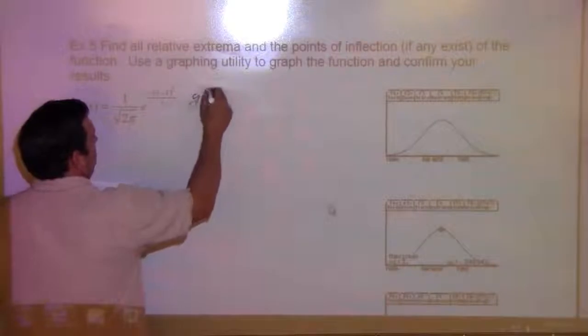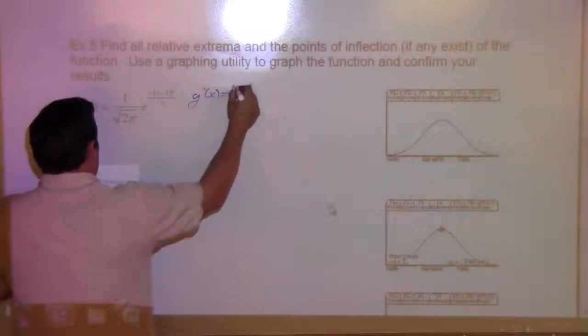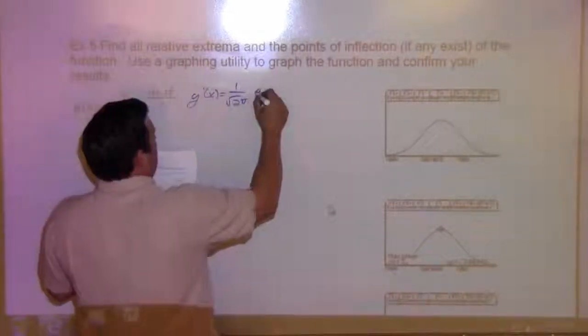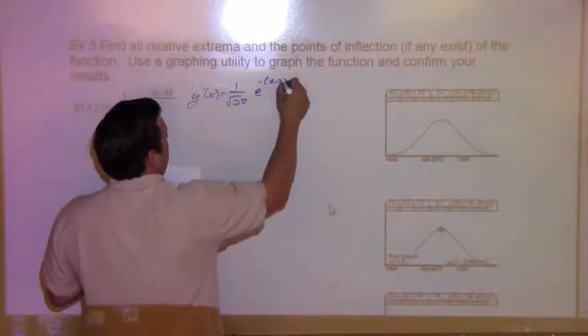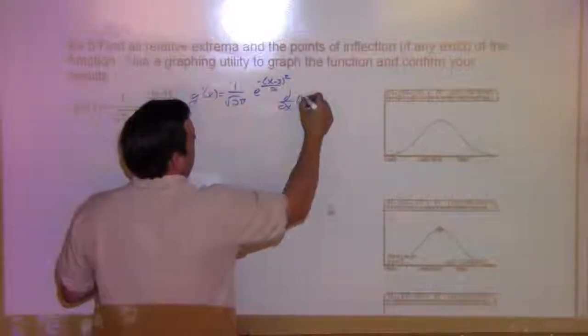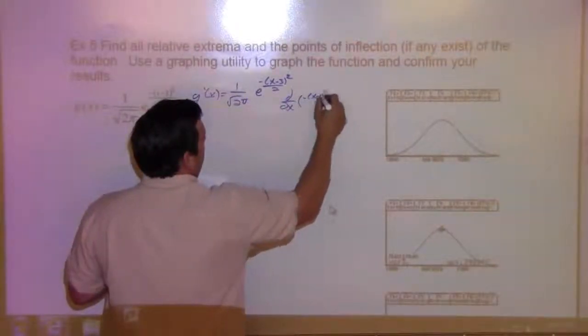So our g prime of x is 1 over the square root of 2 pi times e to the negative of x minus 3 squared over 2 times the derivative with respect to x of negative of x minus 3 squared over 2.